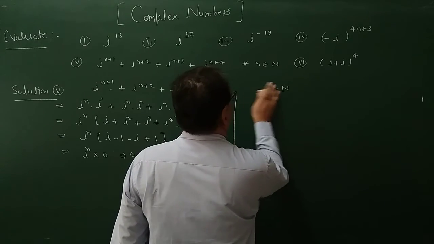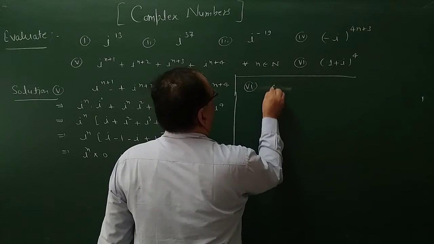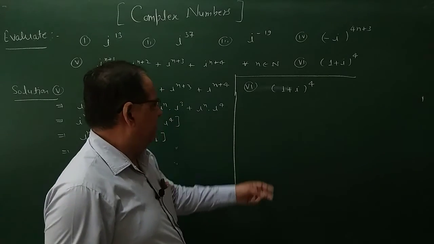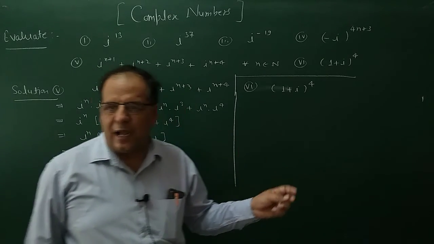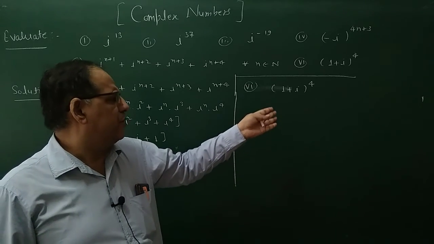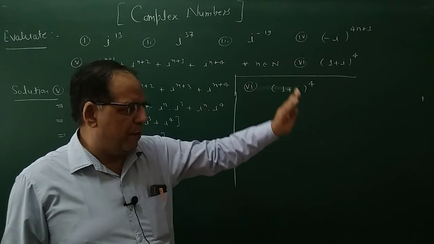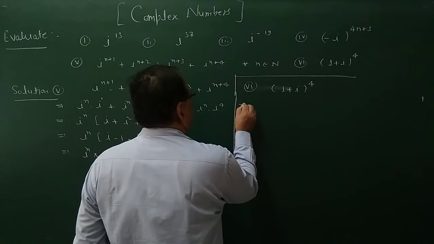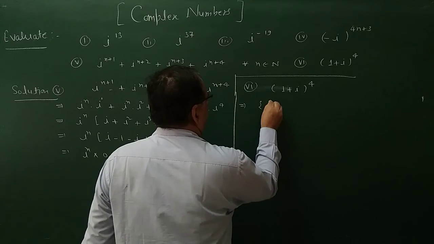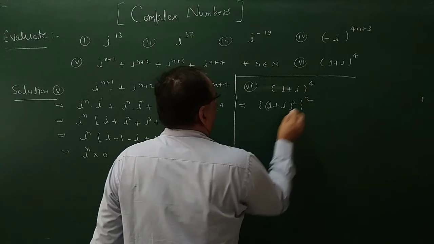And one more question, the sixth part. This is 1 plus iota whole power 4. We have the identities for a plus b whole square and a plus b whole cube, but we don't have a proper identity for 1 plus iota whole power 4. So this can be expressed as 1 plus iota whole square, whole power 2.